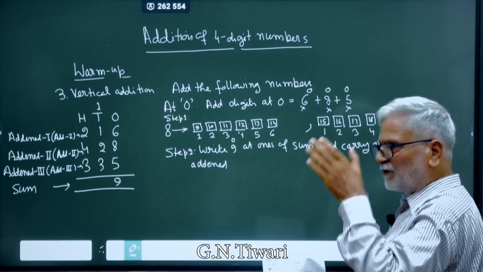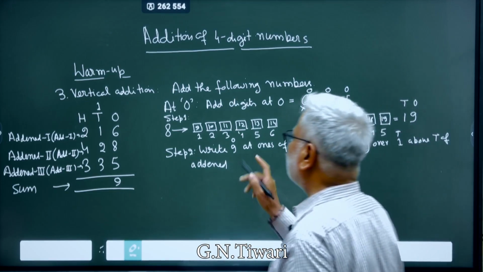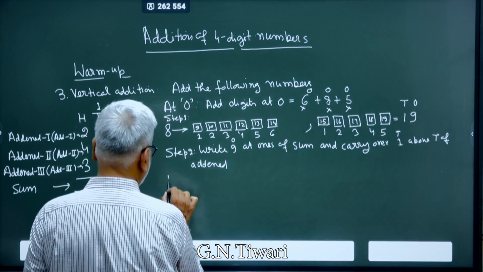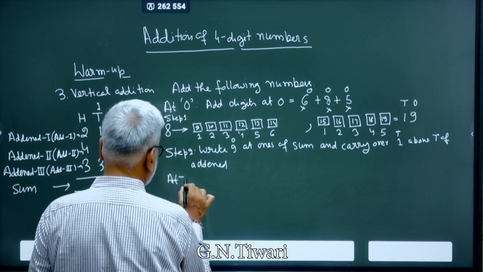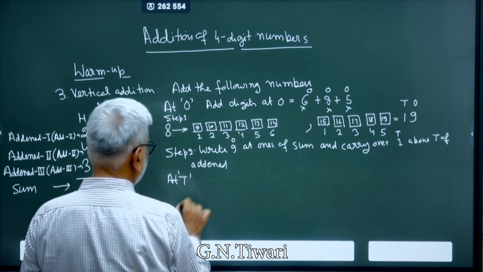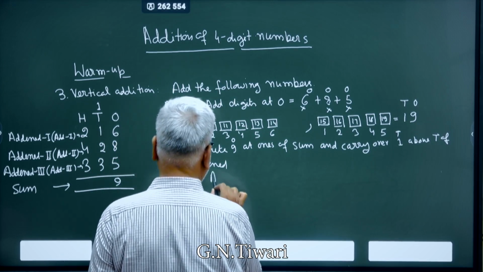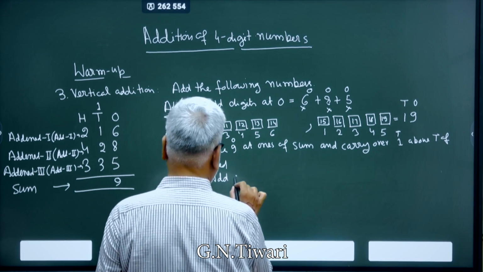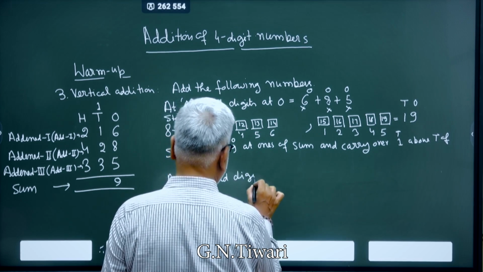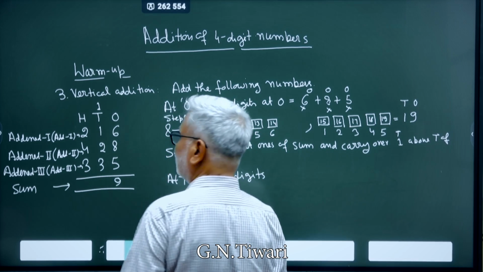अब मैं स्ट्रेट वर्टिकल लाइन मेथड बताने जा रहा हूं एट टी. Add digits. Here there is a 4 digit.